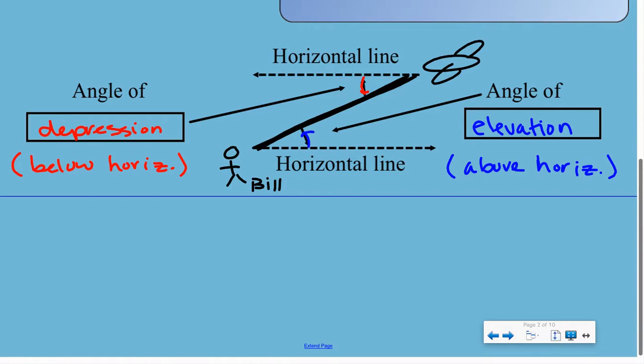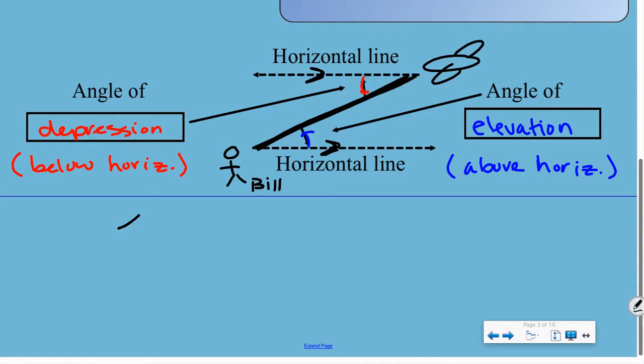Those horizontal lines, will they ever meet, cross, touch? No. So if lines don't ever meet, cross, or touch, they're what kind of lines? Parallel lines. So if we go back to chapter 3 and think about parallel lines, how can I classify the angle of depression and the angle of elevation? Alternate interior. And way back then we said if the lines are parallel, then alternate interior angles are what? Congruent.